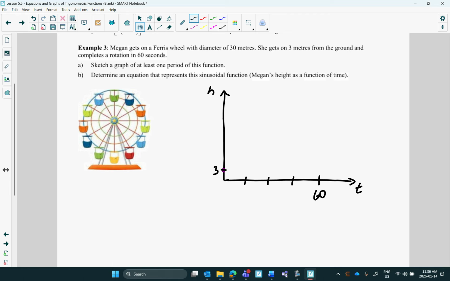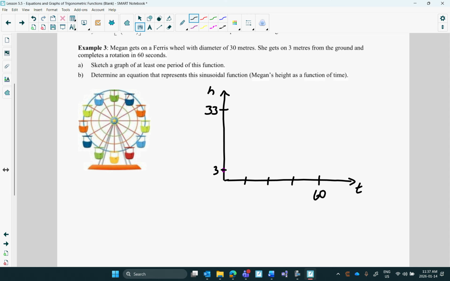Okay, but remember, so it's going to start here, it's going to go up to a certain peak, and it's going to come back down and end up here after 60 seconds, right? Question is, what's the height? 33. Because the diameter is 30, and if it's 3 above the ground, we have to go 30 above.